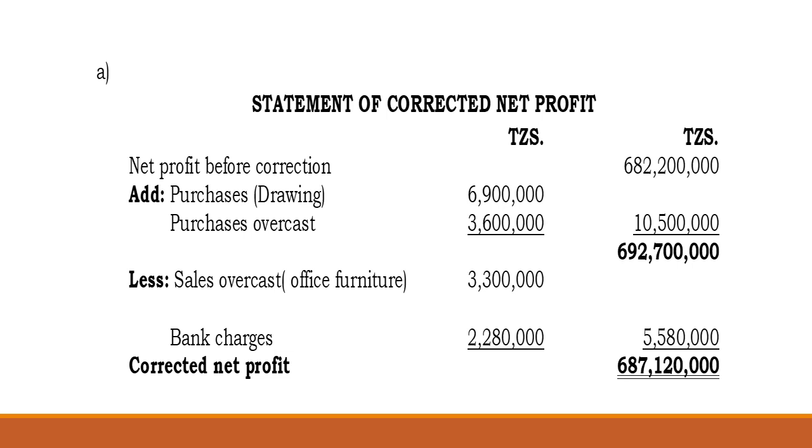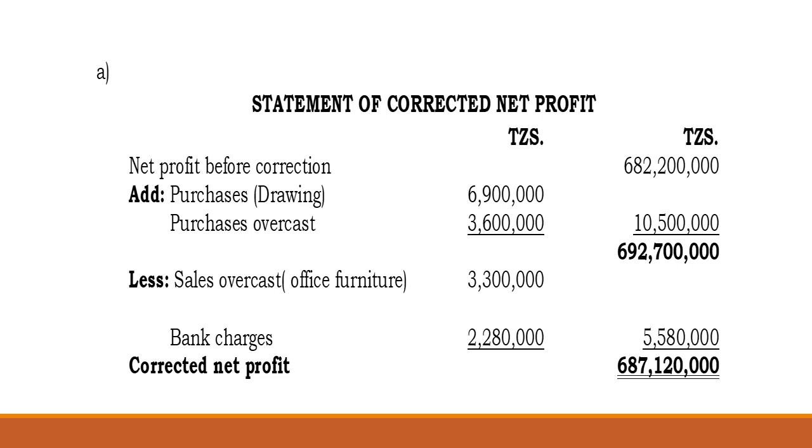And from that statement of profit or loss, they prepared while there were those errors, and the profit reported was 682,200,000.